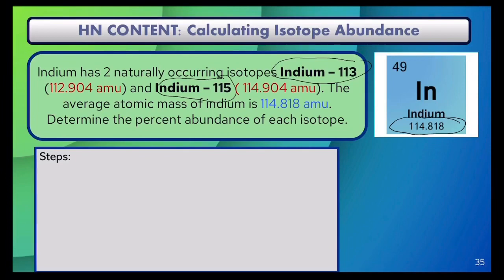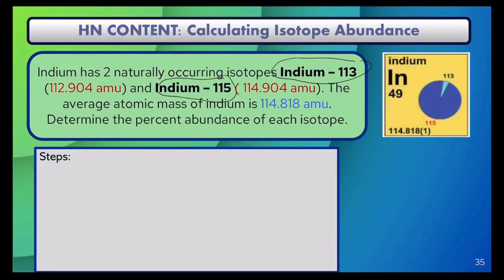So you should be thinking about what the rounded value of the atomic mass comes out to. If you round 114.8 to a whole number, it comes out to 115. So the majority, or the higher percentage value, should be assigned to indium-115. That's one way you can check yourself to see if your numbers make sense.